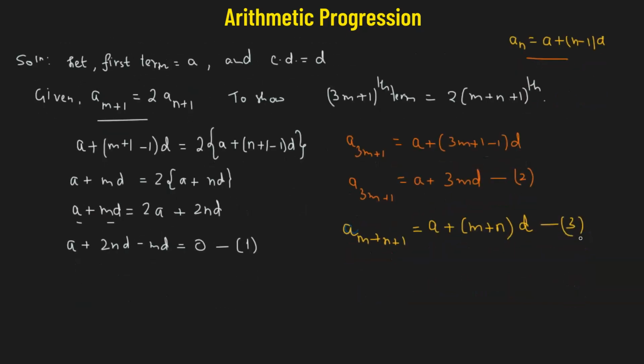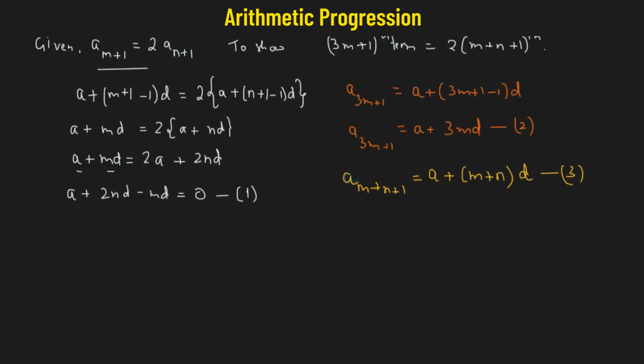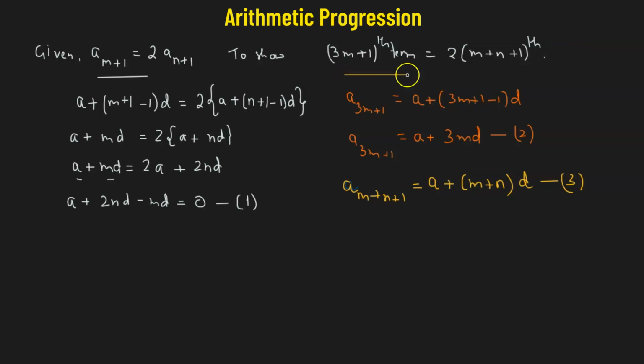So let's start from the right hand side. This is what we need to prove. On the right hand side we have 2 times the m plus n plus 1th term.